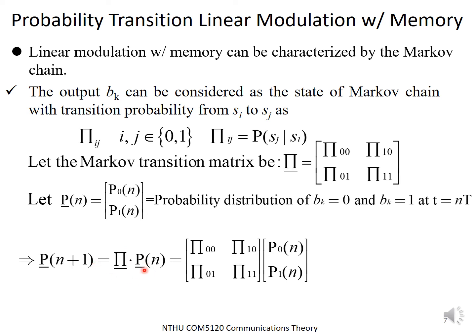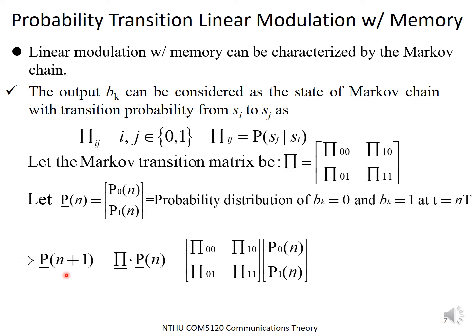That gives the relation of the probability distribution at time n to the probability distribution at time n plus 1. That gives the product of the transition matrix and the probability distribution, which gives the current and the next probability.